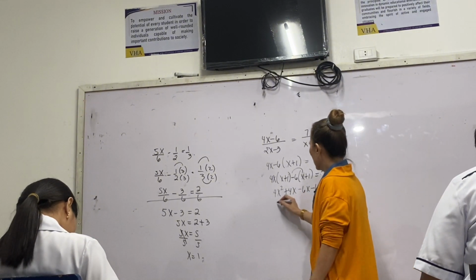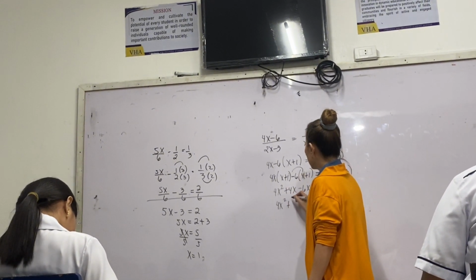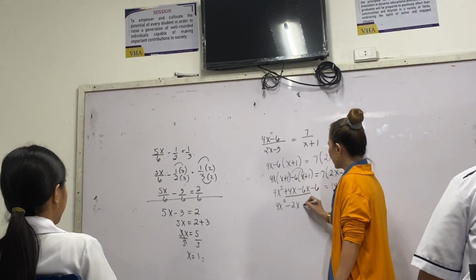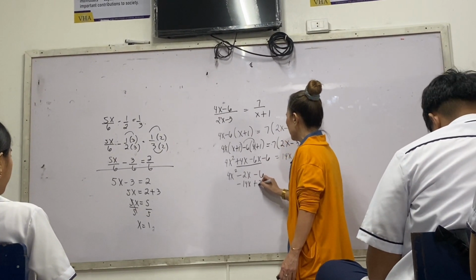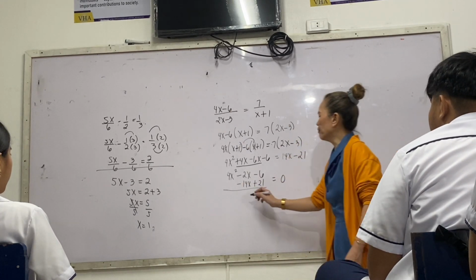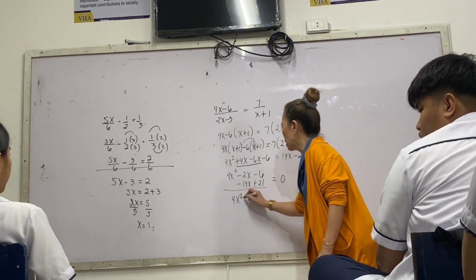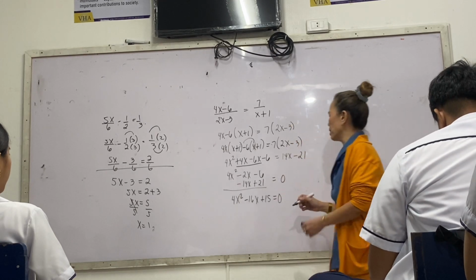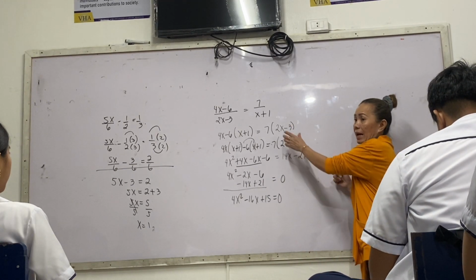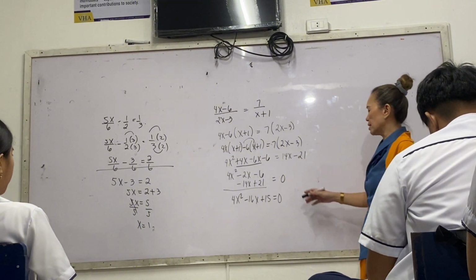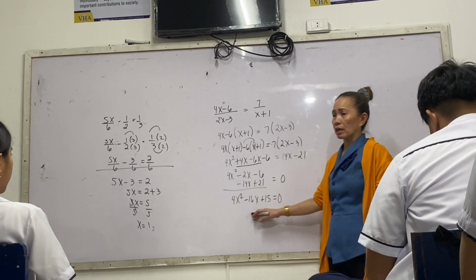So we have now 4x squared plus, this is positive 4 minus 6 is negative 2x minus 6. Ito lagay natin negative 14x and positive 21 equal to 0. So we have now 4x squared minus 16x plus 15 is equal to 0. I mean, lahat po ng nasa right ilalagay sa left. Tapos i-equal sa 0.